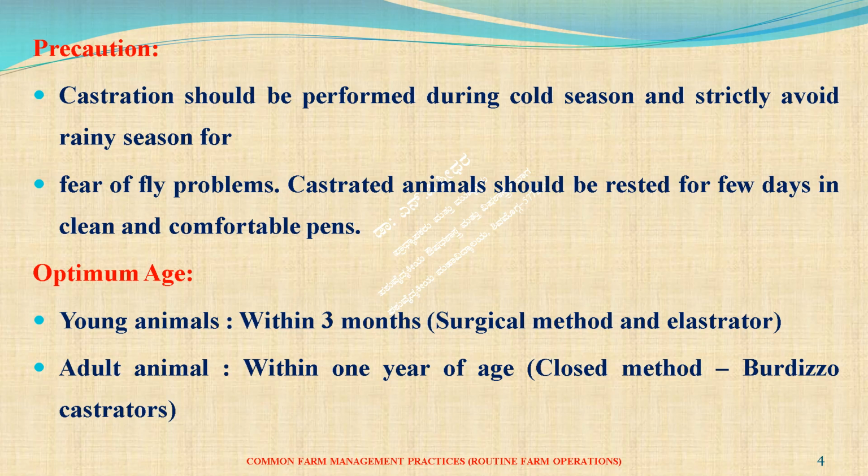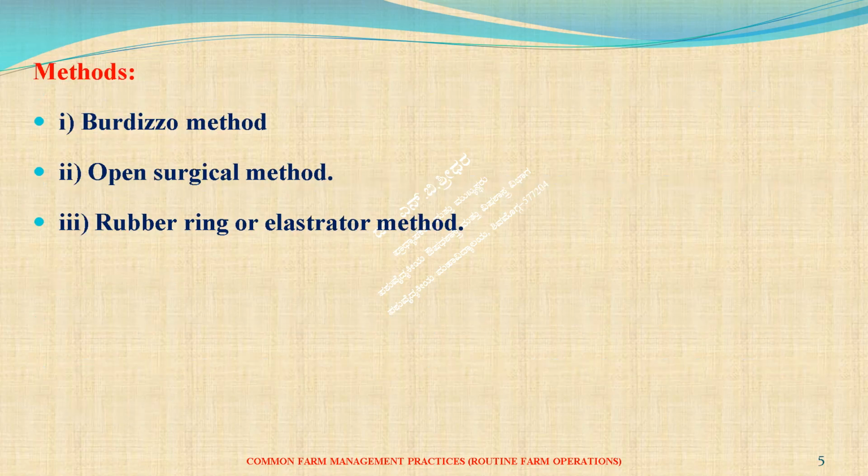As for age, in young animals within 3 months the surgical method or elastrator should be used. In adult animals within 1 year of age, the closed method with the Burdizzo castrator is used.